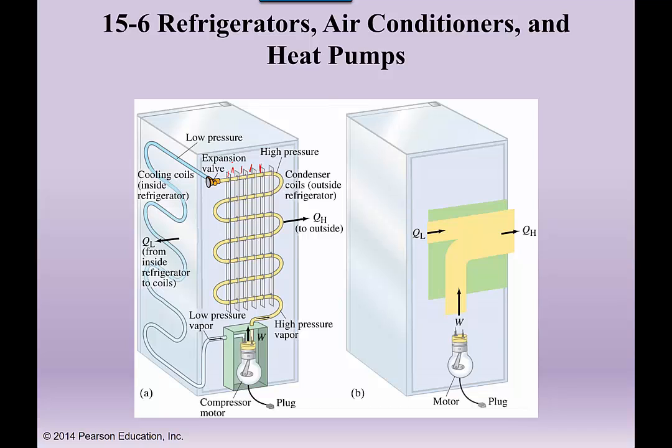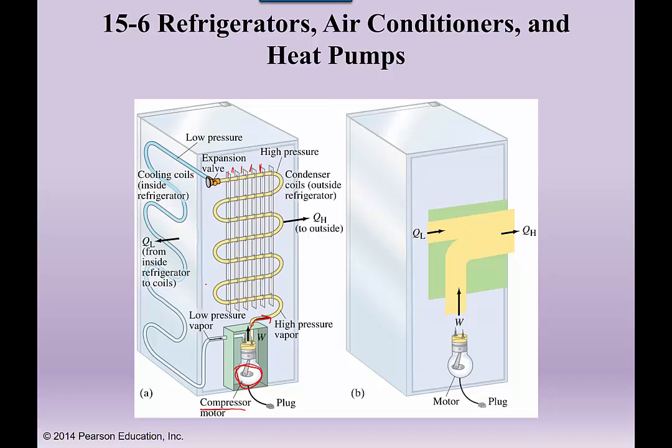So how this works is down here at the bottom, we have our energy source, where our work is going to come from, and it's a pump or compressor. And what happens is that there's a gas in here that is compressed. The gas that gets compressed is a high pressure vapor, and that gets pushed into these coils on the back.